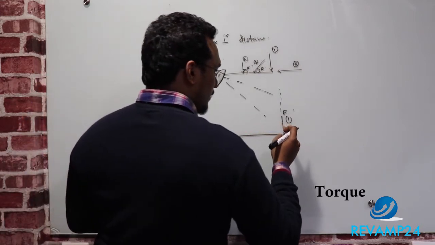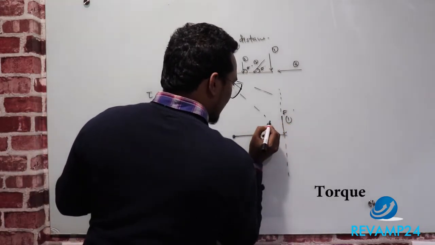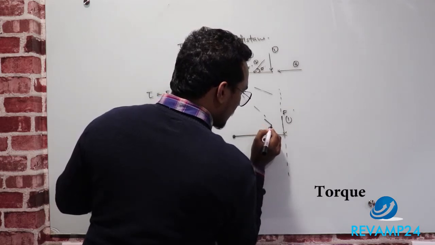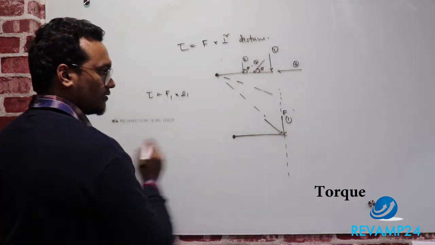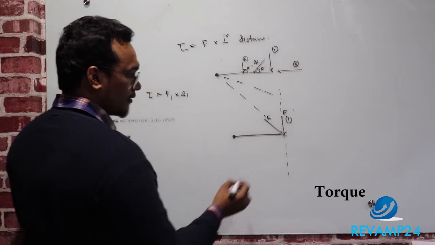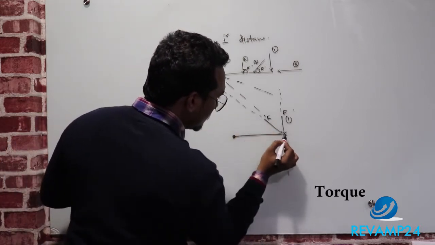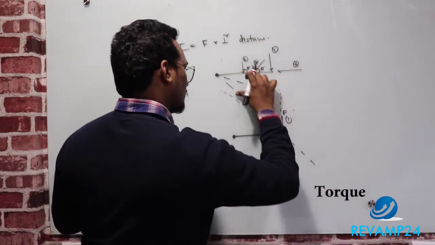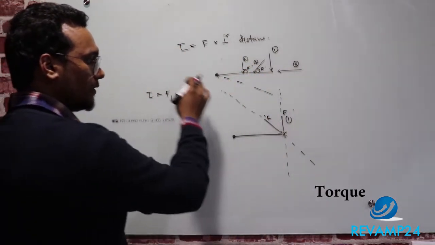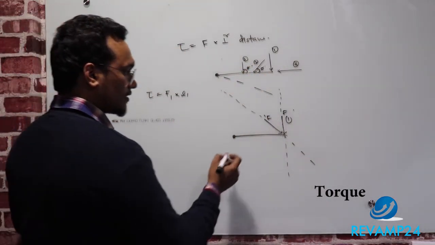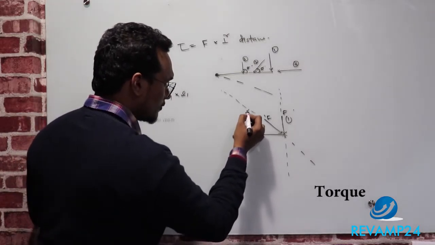And now I will take an example where he is applying the force in this direction. The same force he is applying. Now the line of action of the force becomes this. Now how will you draw the perpendicular to the line of action of force? This is the perpendicular.